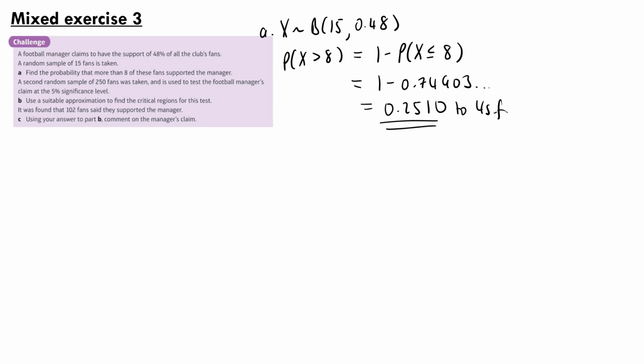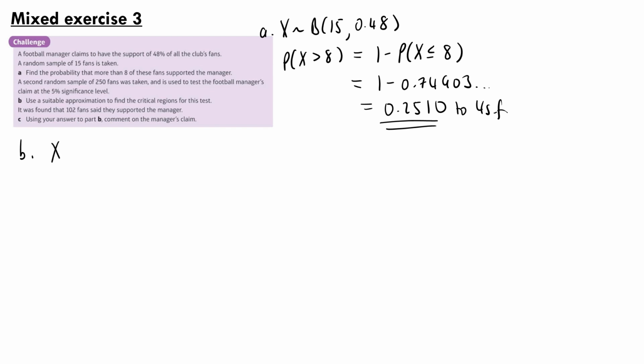Okay, for part B then, a second random sample of 250 fans was taken and is used to test the football manager's claim at the 5% significance level. Use a suitable approximation to find the critical regions for the test. So here we need to use an approximation as the question hints towards.